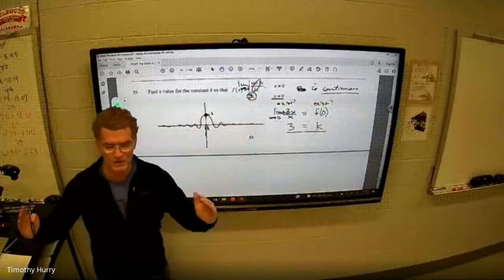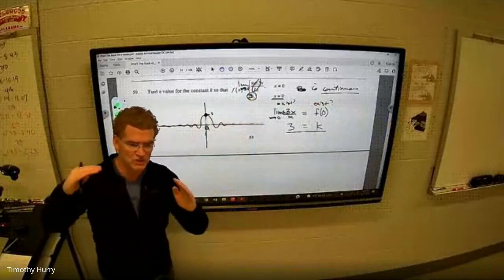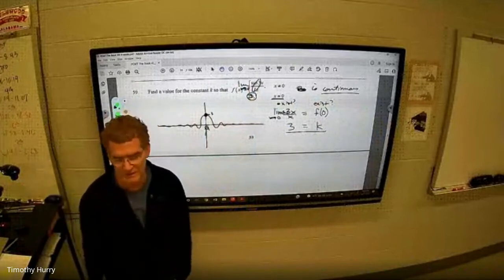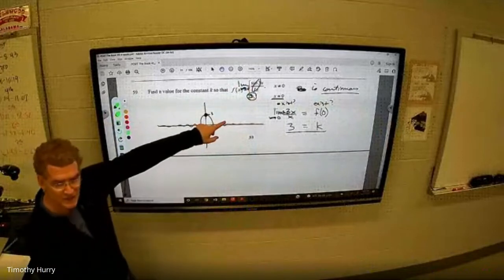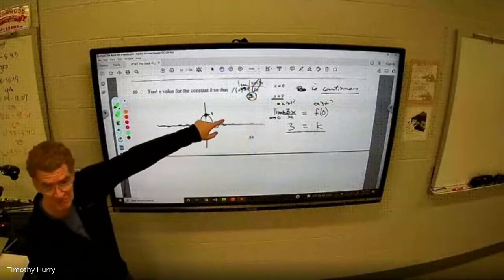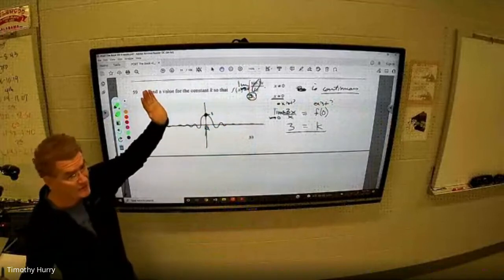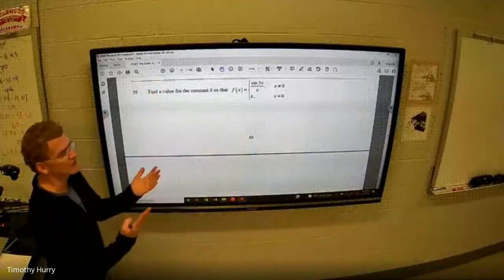If they went perfectly into each other so that the slopes were just the same, then it would be what we call differentiable. But we'll talk about that in the next chapter. Does that make sense? I have never not put this question on your test. I might not this year, but I have never not in the past. It's always been on there because it's such a common AP question.